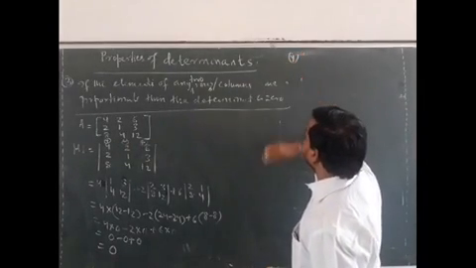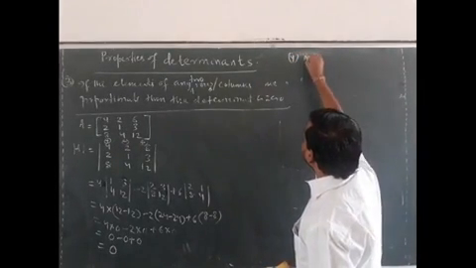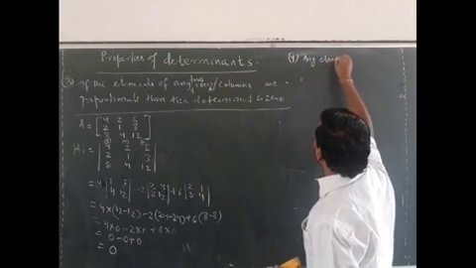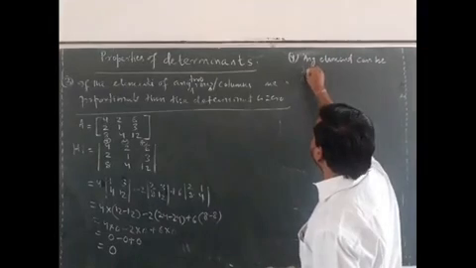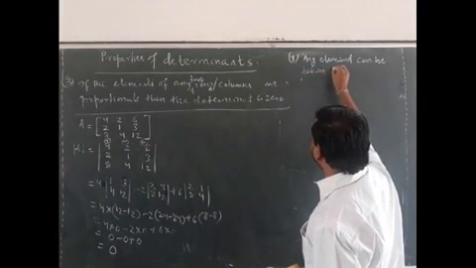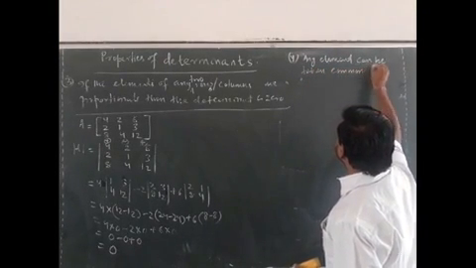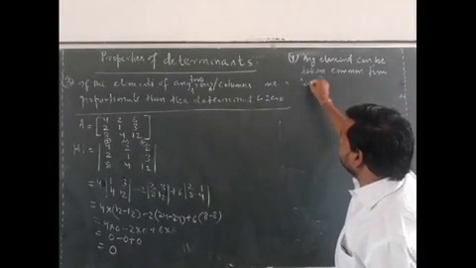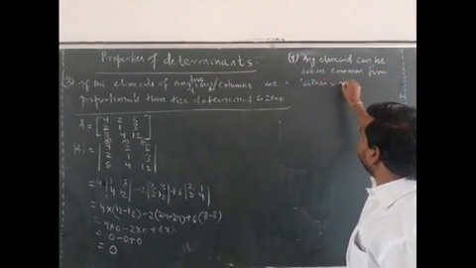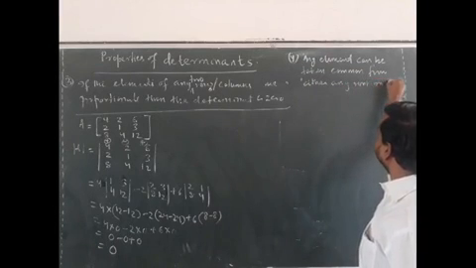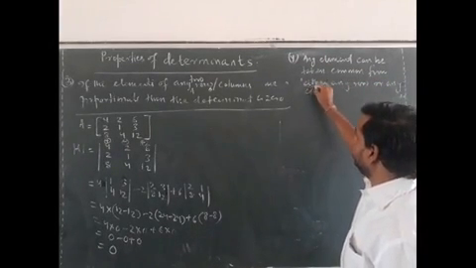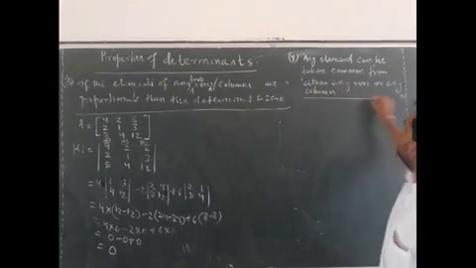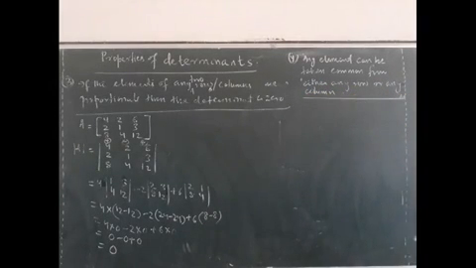So property number 4 is: any element can be taken common from either any row or any column. So I can take common things from either any row or from any column. What does it suggest, or what does it mean?